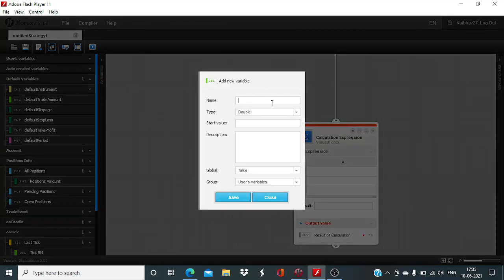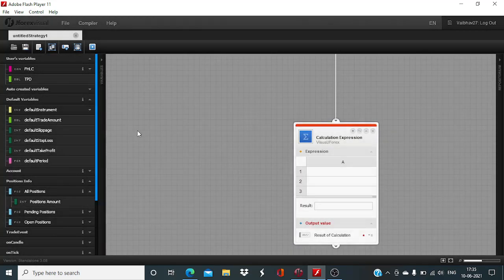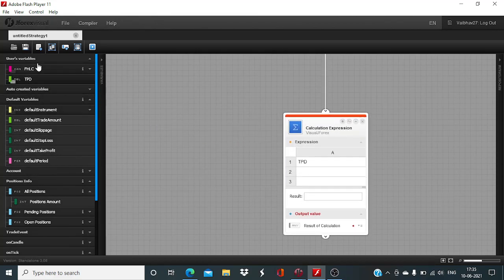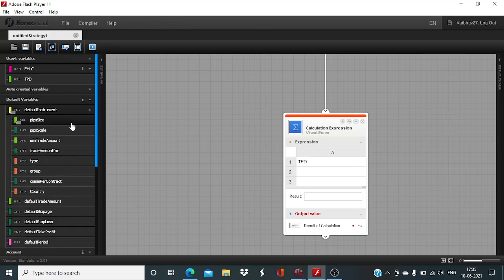Quite easy. Create a new variable, name it as per your choice. Multiply 10 with the default instrument pip size.